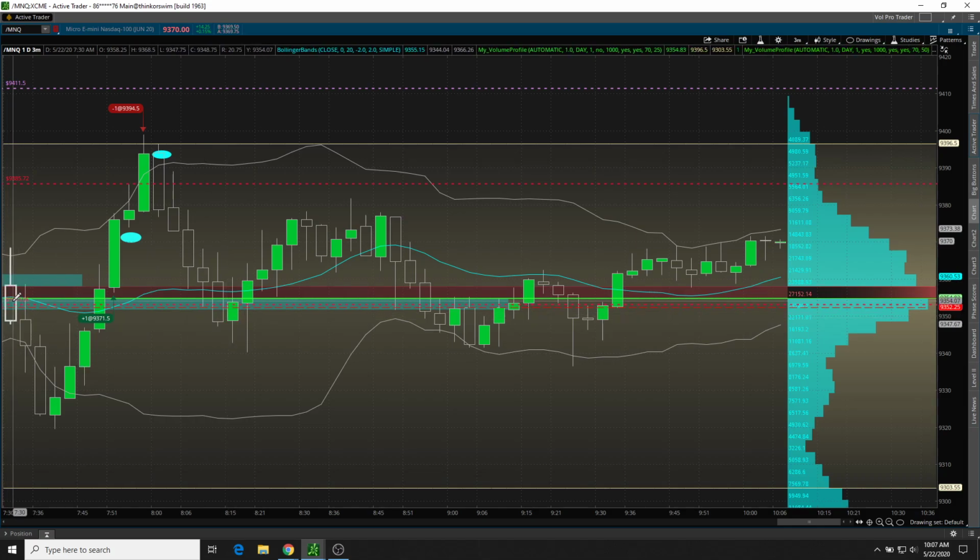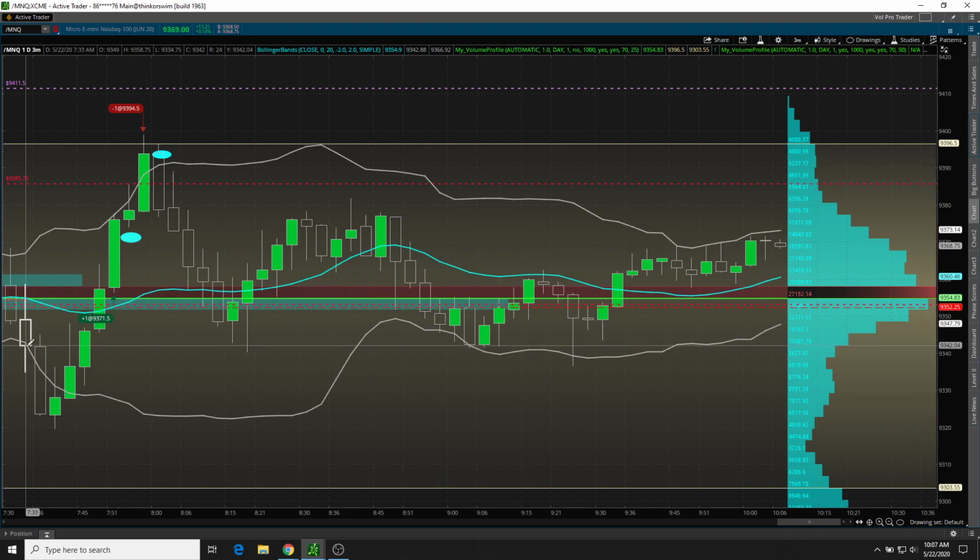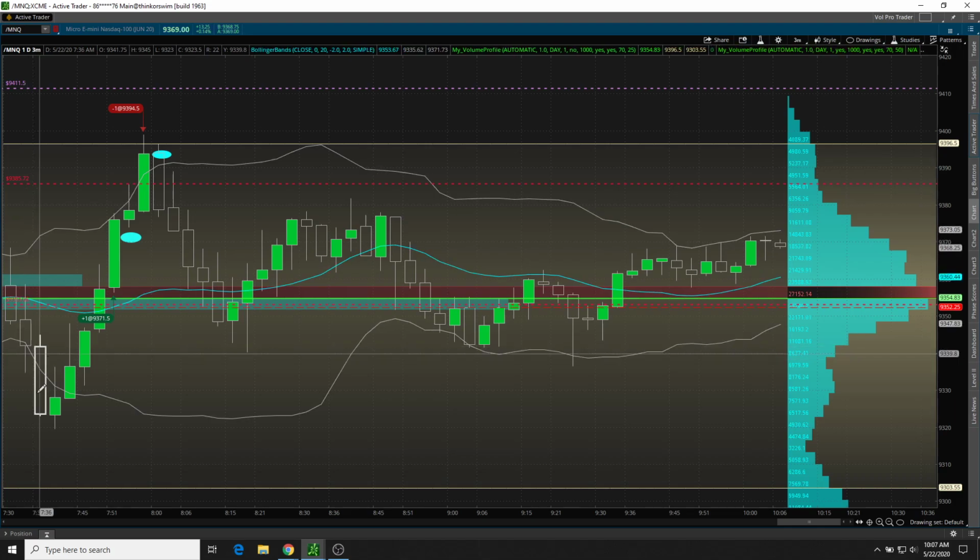If we just look at the open here, the first 3-minute candle, and then the second candle pushes down and closes in that Bollinger Band. The third candle is pushing outside that Bollinger Band, and then the reversal starts for the morning. And like I said, the application just crashed, so I had to restart my computer and restart the application.